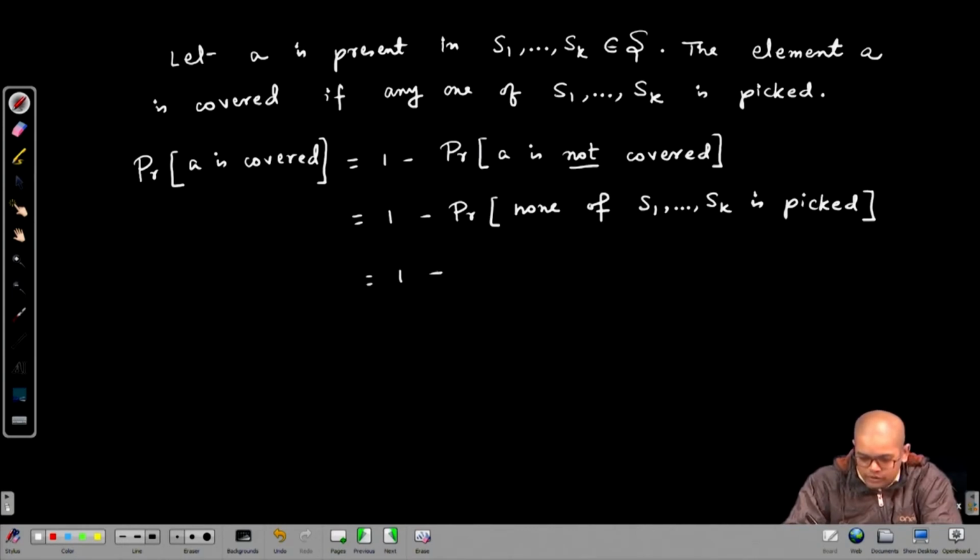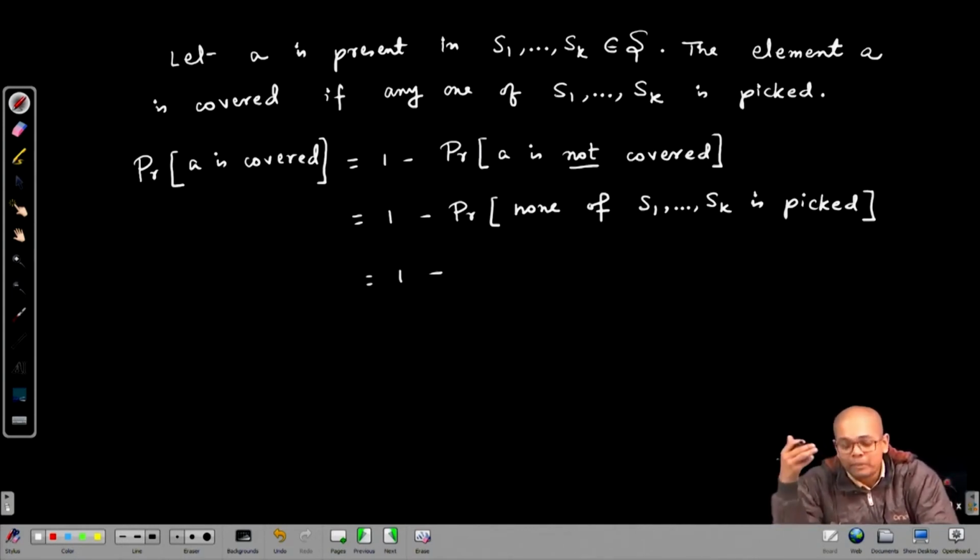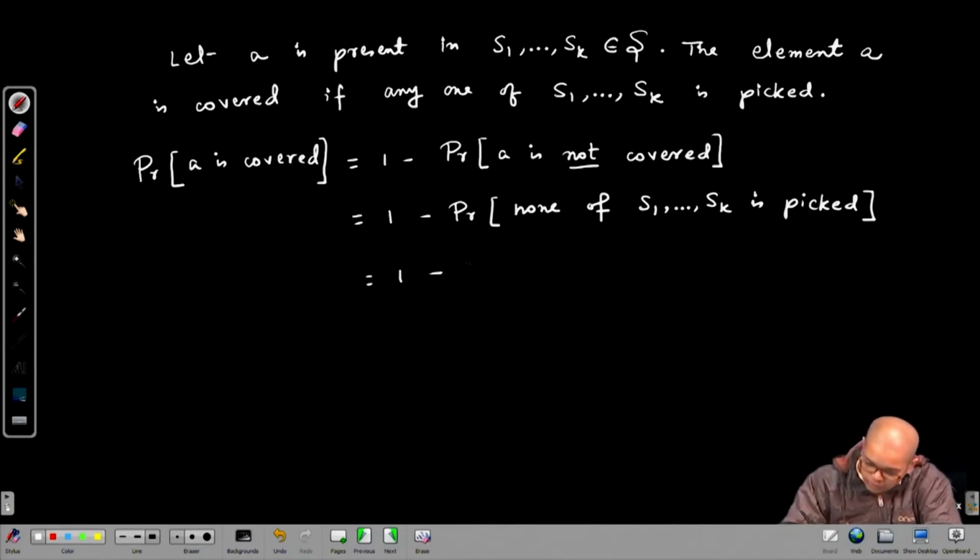Now, each of S1 to Sk is picked independently of the others. So this is the product, i equal to 1 to k, of the probability that Si is not picked.